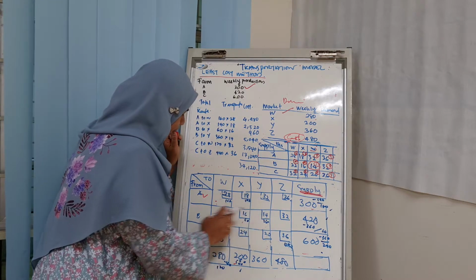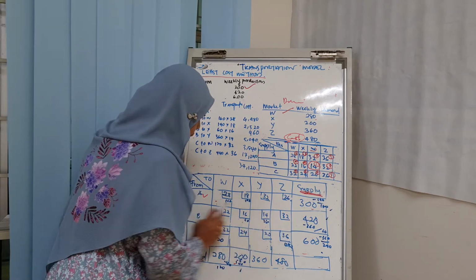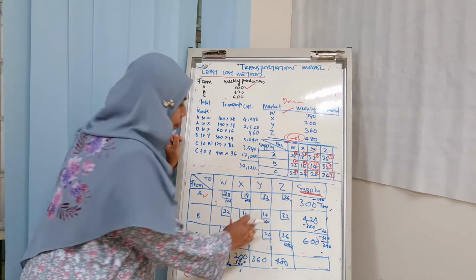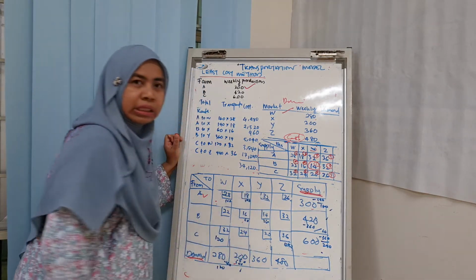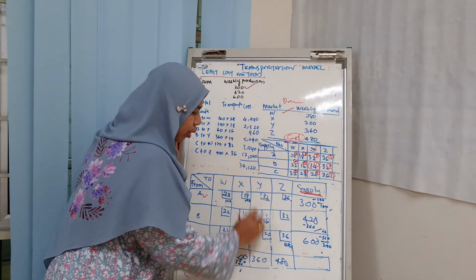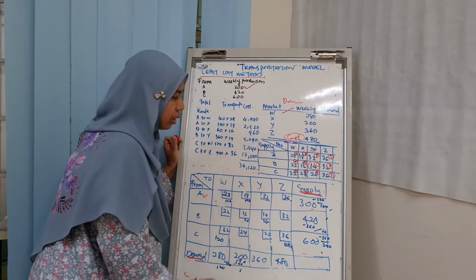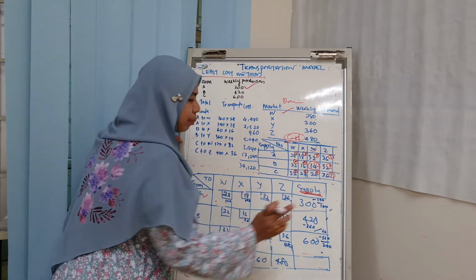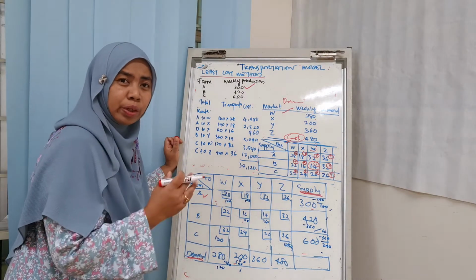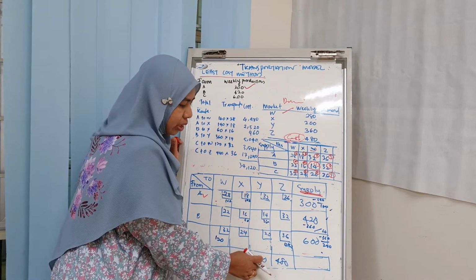In this cell, B can supply 420, but Y only demands 360. So you cannot go over 360. Look at the smallest, so 360.